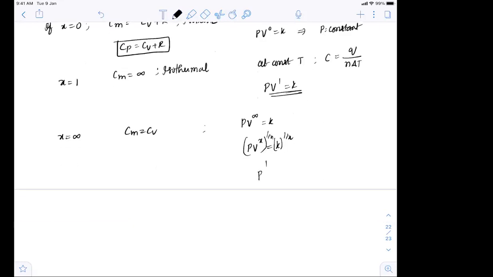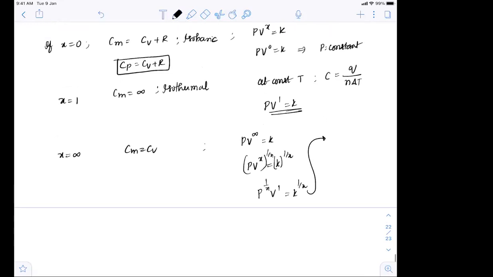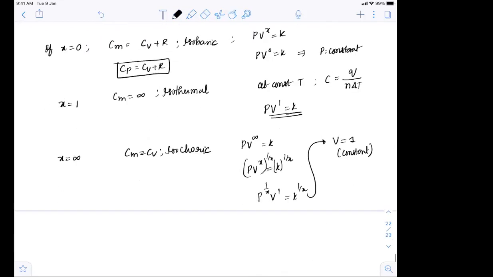P raised to power of 1 by x into V raised to power of 1 is equal to k raised to power of 1 by x. Now imagine if x approaches infinity, the power of P will be 0, so P raised to power of 0 will be 1. V raised to power of 1 will be V. So V is equal to a constant value. Such type of process is called isochoric. Isochoric is a constant volume process.